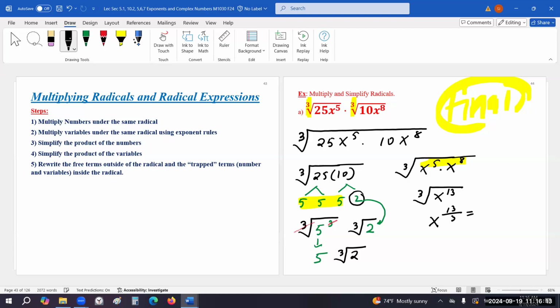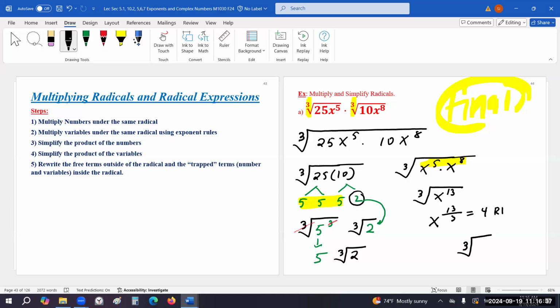3 goes into 13 how many times? 4 times. 3 times 4 is what? That means how many remainders we have? 1. Because we have a remainder, it's just like this one, it's underage. So we trap it inside.